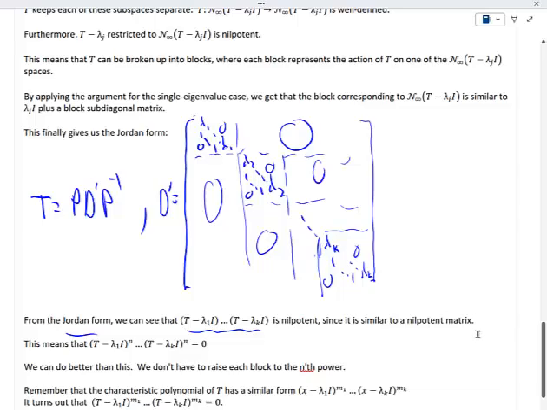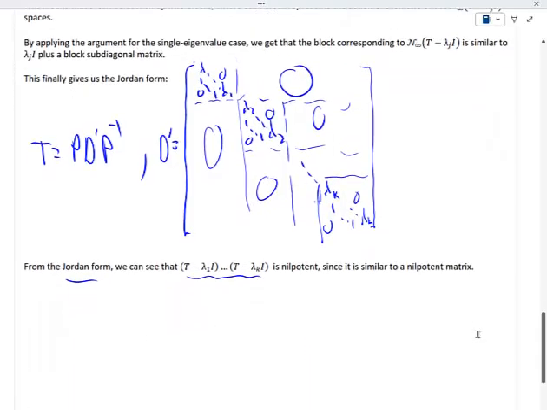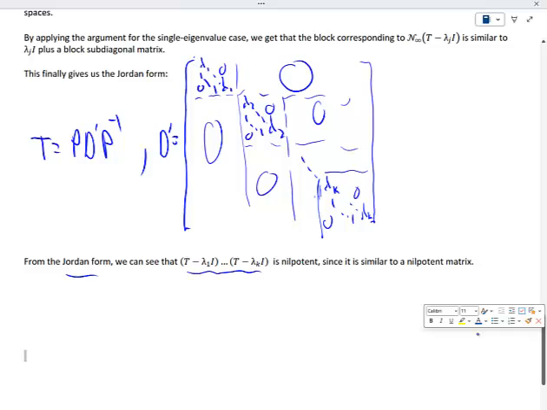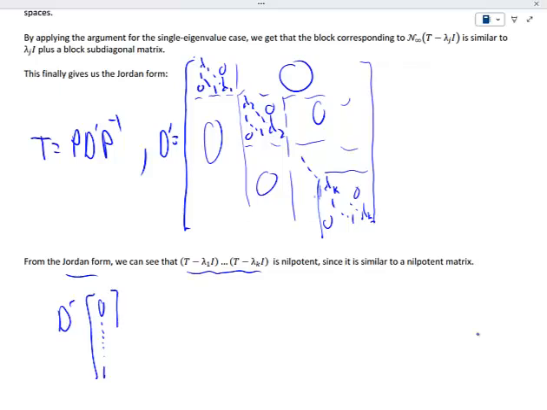If I look at D prime, suppose I apply D prime to the vector 0, dot dot dot, 1. Well, what's going to happen?